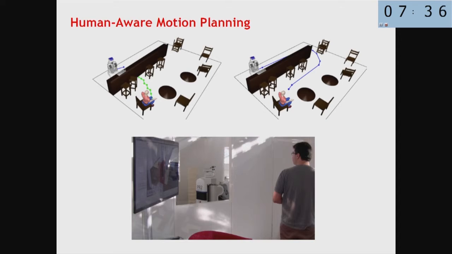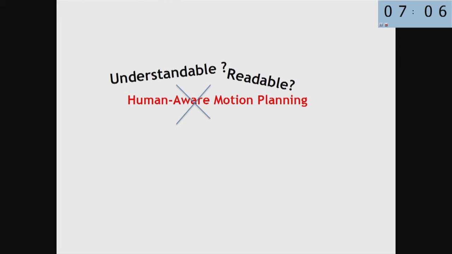To do this human-aware motion planning, what we are doing also is that we not only compute the path for the robot, but also for the human it interacts with. For example, in the first part of the slide, you can see that either the robot just gives the object on the desk and the human comes to take it, or the robot can come to give the object directly to the human.